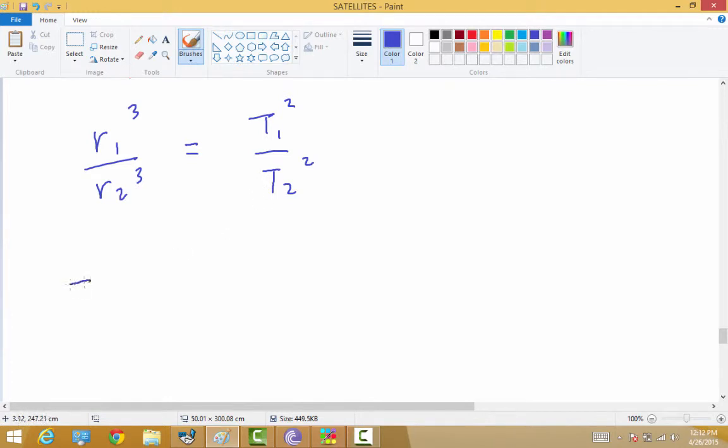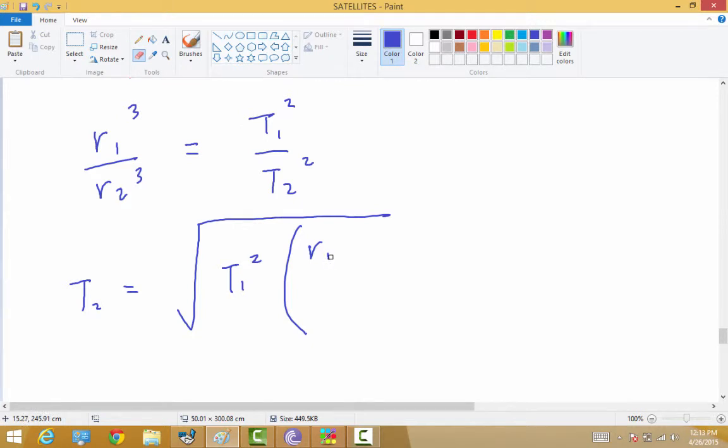We're after T2, rearranging again: T2 is equal to the square root of T1 squared times R2 over R1, all cubed.